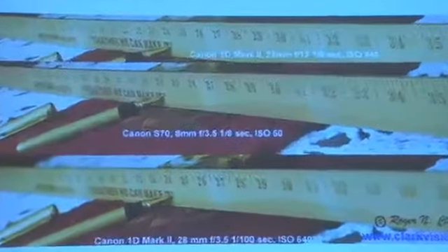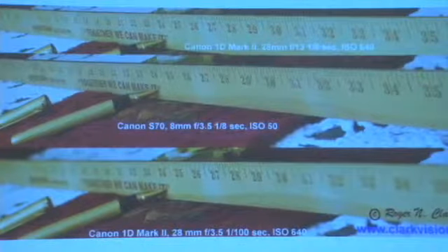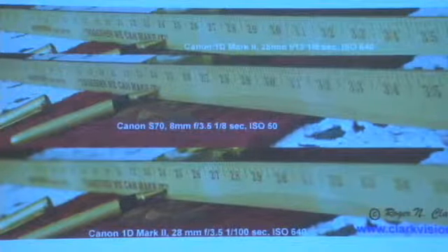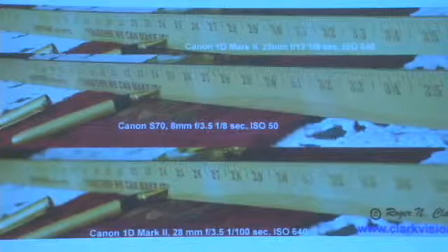So in order to use the same F number and the same shutter speed and the same ISO, they have to boost the sensitivity, which makes them noisier. So for the same amount of technology, the size really does matter. The bigger you go, the more light you will have, the better the quality you will have.